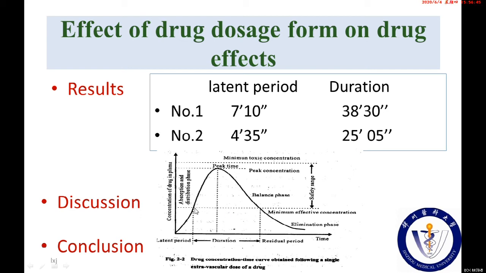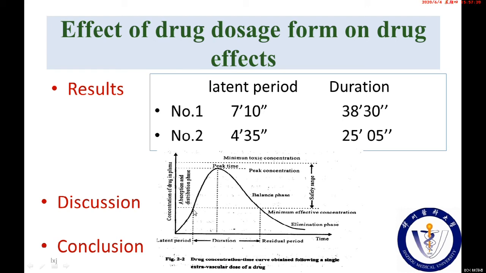This is its action duration. For mouse number 1, this duration is relatively longer than number 2, and the latent period is longer than mouse 2. For mouse 1, the drug is administered in mucilage. Number 2 is administered the drug in solution. So this causes the difference.